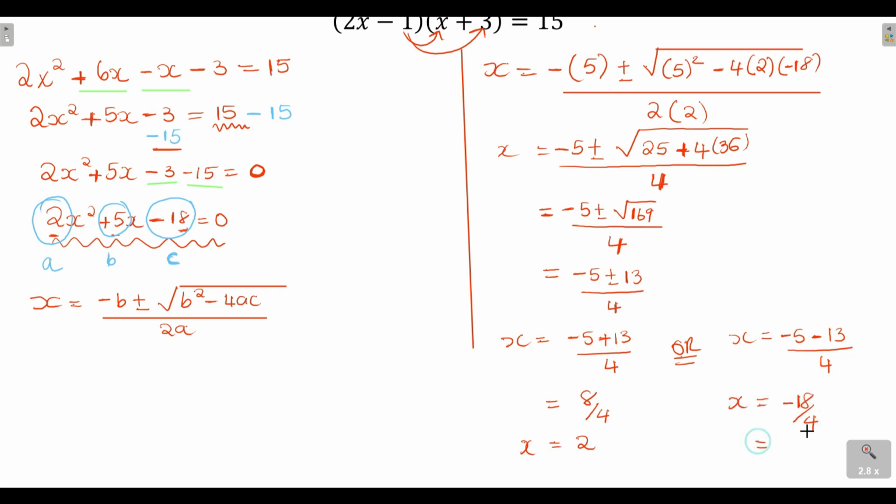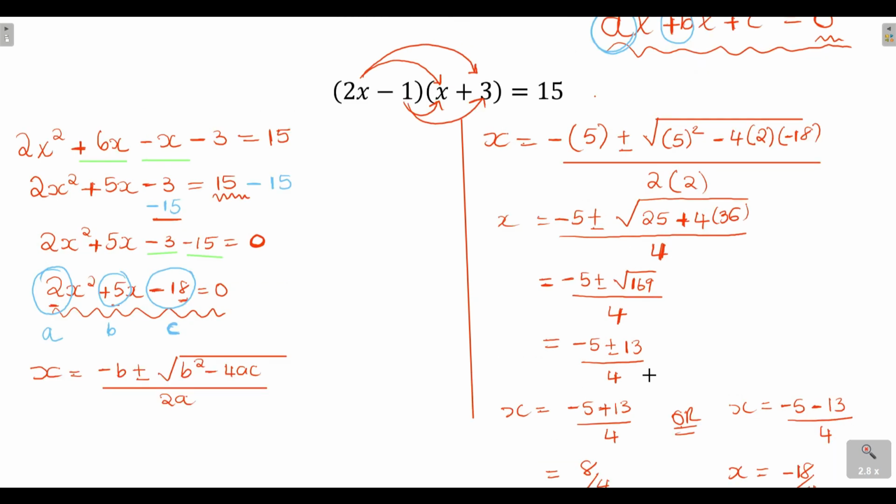What is the highest common factor for 18 and 4? That is 2. 2 goes into 18 nine times and into 4 twice. So we've now solved this quadratic equation for x by using the quadratic formula.